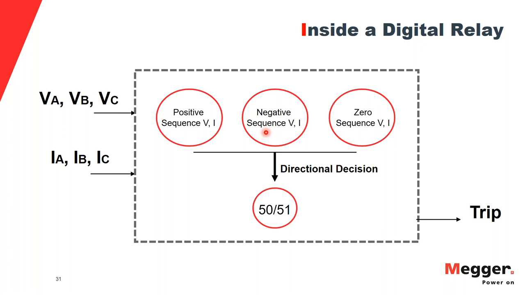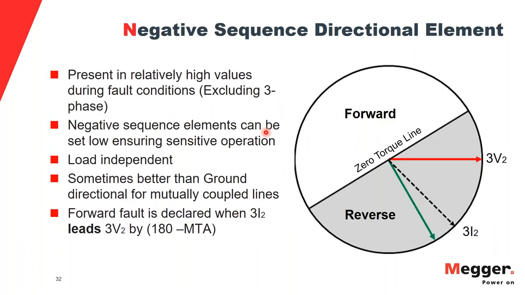Not some, actually most of the relay manufacturers also have negative sequence directional relay. So you can implement that method as well in the relay. Everybody knows that negative sequence are primarily present when you have a phase-to-phase fault or a phase-to-ground fault.